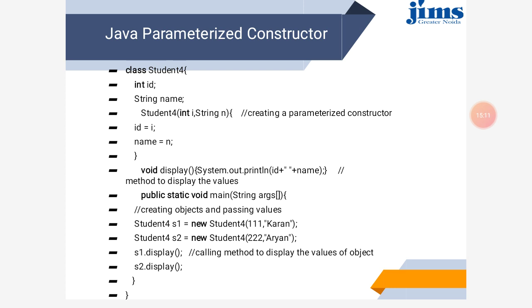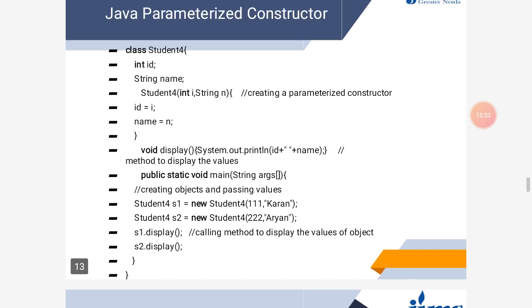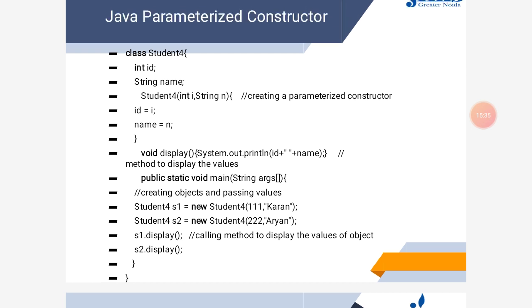And once it is passing values, at the time of object creation it will initialize instance variables, and now the objects have initialization values. So when we call the display method with the help of the objects, we can see the output of the two objects' instance values.